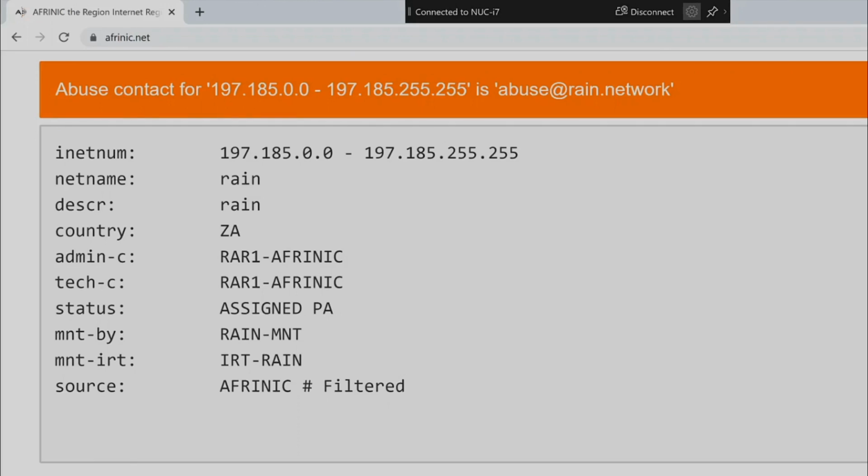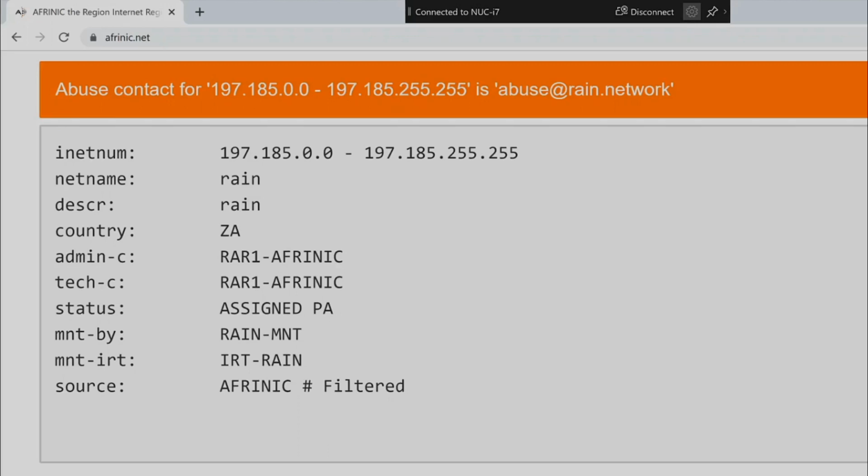What you can see on this screen is that the block that I am using is 197.185.0.0 to 197.185.255.255. Now, being a Class C address, that third byte should not have changed. It should have remained the same, because for a Class C address, only the bottom value is used for host numbers. So this is an example of supernetting that has occurred.